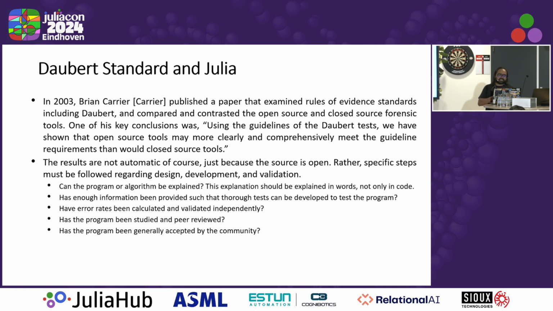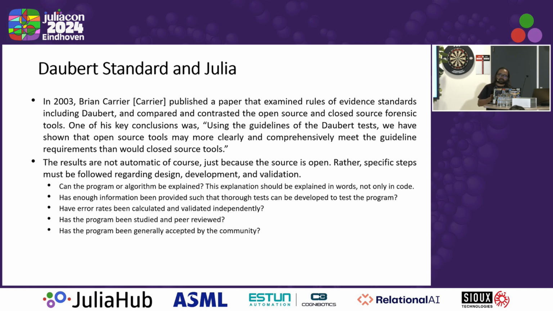Now, in 2003, Brian Carrier published a paper that examined the rules of evidence standards, including Daubert, and he compared and contrasted open source and closed source forensic tools. One of the key conclusions of his study was that, using the guidelines of the Daubert tests, open source tools may more clearly and comprehensively meet the guideline requirements than closed source tools.